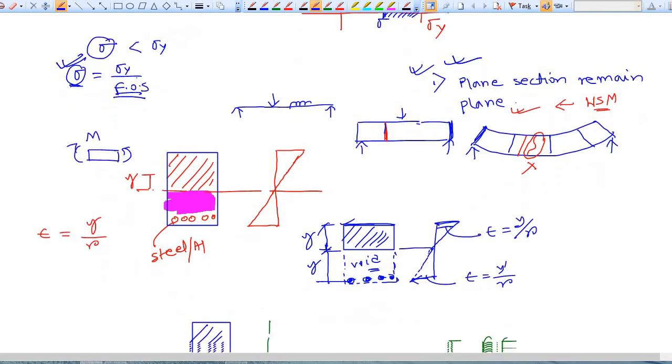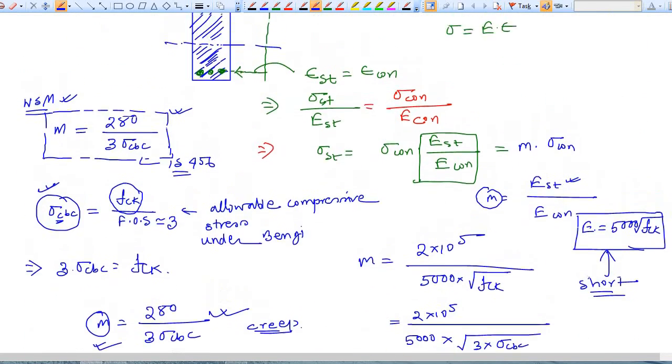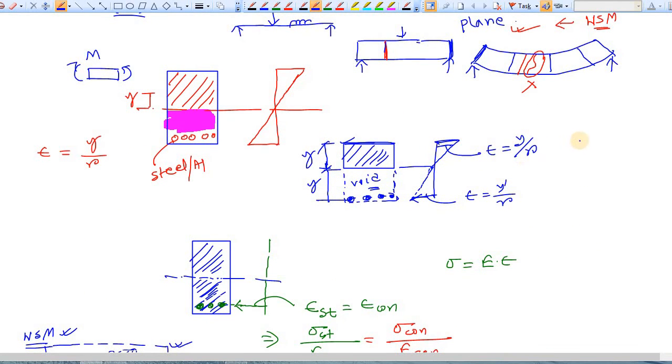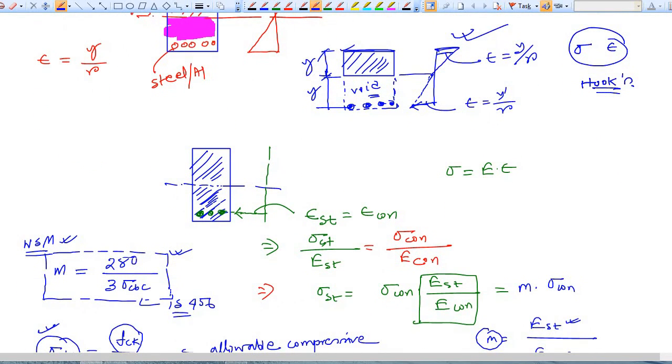Fourth, we have taken the stress and strain diagram as linear, or we can say our assumption is that in all this discussion Hooke's law is valid. And only when the stress is comparatively low is Hooke's law valid.